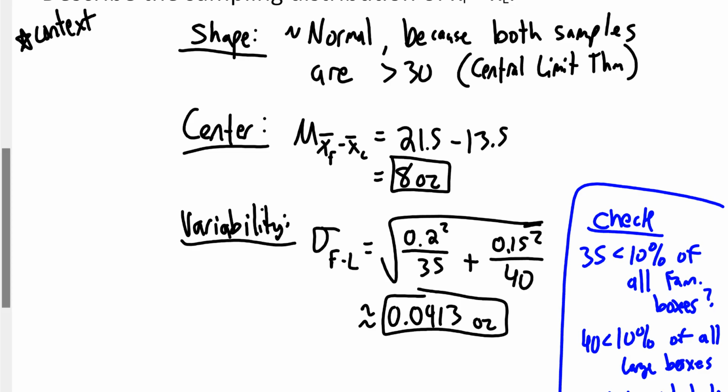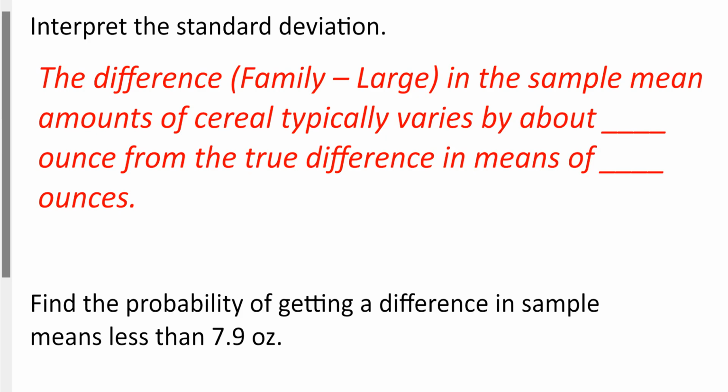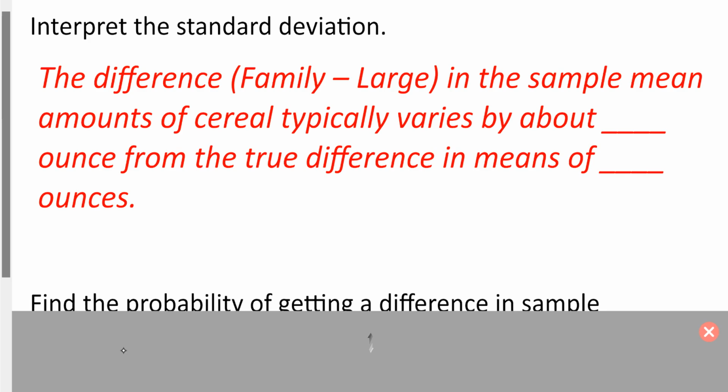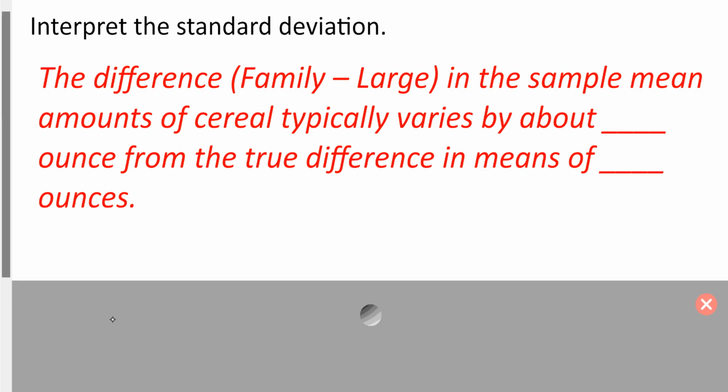Now, if we wanted to interpret something, I want to show you, this is worth writing down. We've done this. We're just kind of putting it together with the difference. So if it says interpret the standard deviation, we can say the difference, and I'm going to specifically say the direction. This is important to state the direction. It's family minus the large size, as opposed to large minus the family size, because that is important.